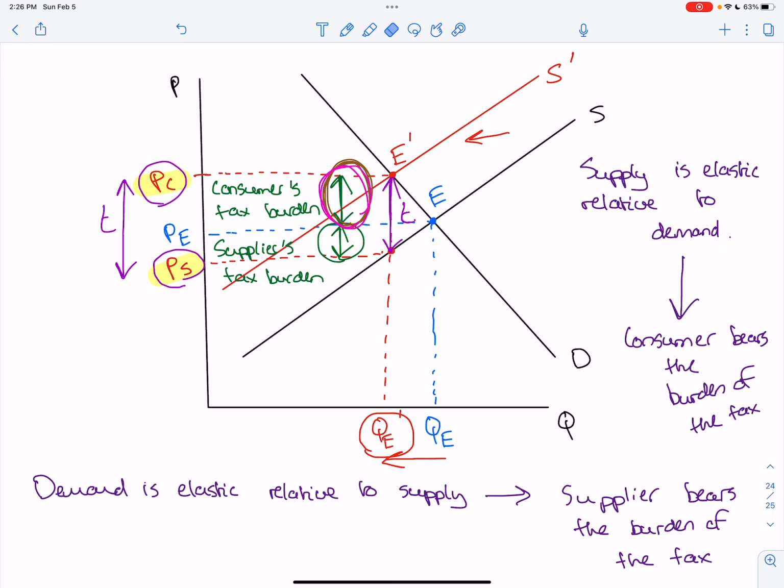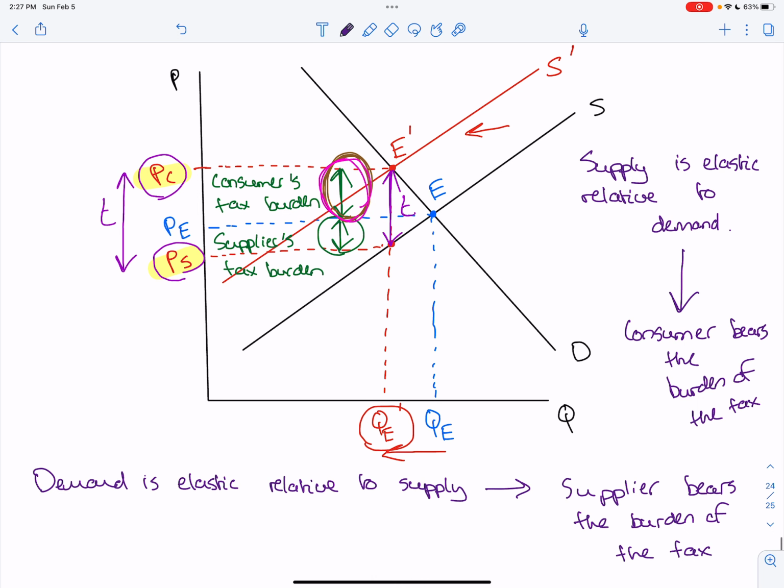The supplier is making a cost-benefit analysis here. They're thinking, okay, by how much can I actually hike my prices without scaring away so many of my customers that it won't be worth it for me? And the answer lies in the solution to the question, how elastic is the demand of the supplier?